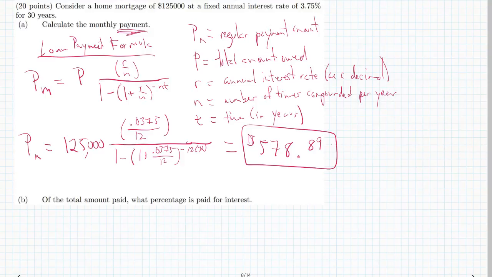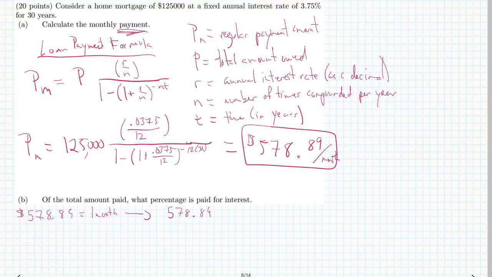So that amount is per month, right? That's because it's a regular payment amount. It's every month. So what that tells us is that we have $578.89 equals 1 month. So with that in mind, we want to convert that to one loan.